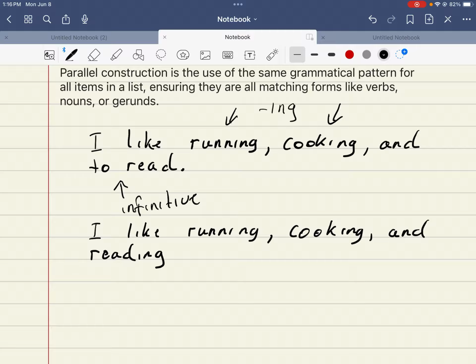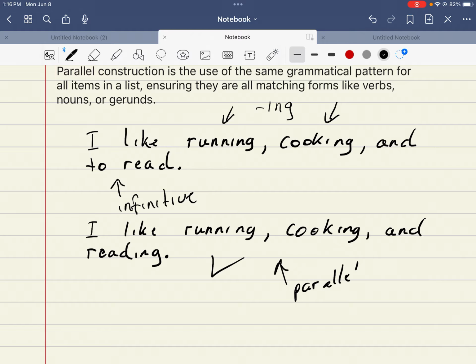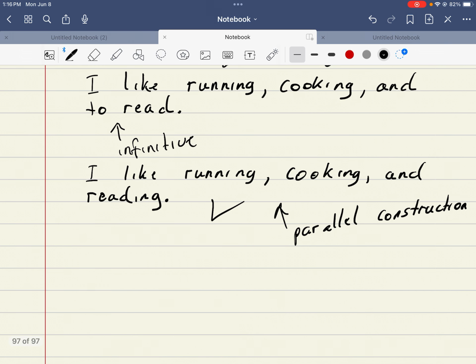So this right here is perfect. This is good because they're all verbs ending in ing. We have 3 of them. So this is considered parallel construction. I'll give you another example and pause the video and see if it's correct or not.